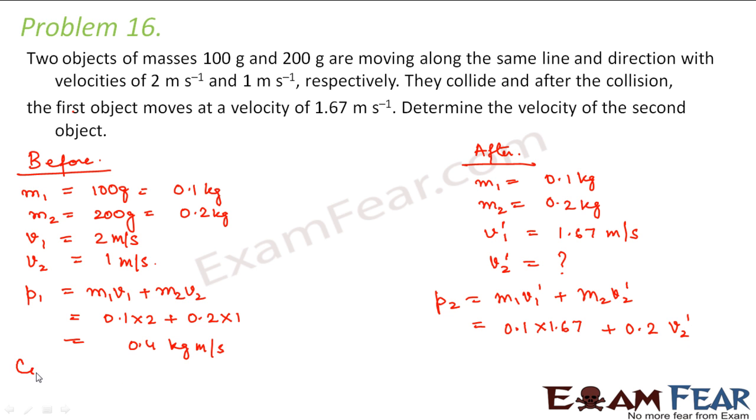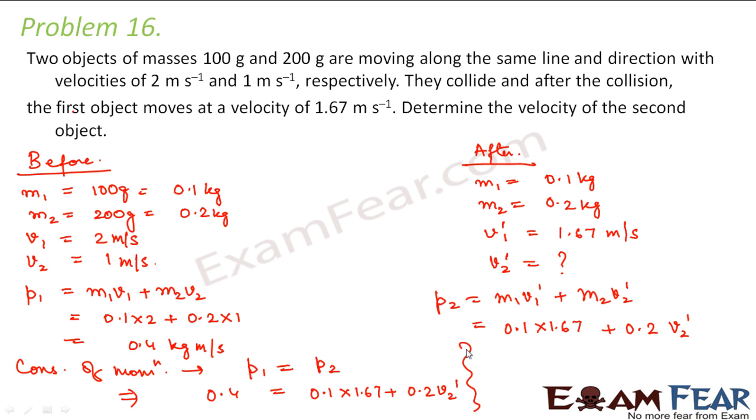Now from conservation of momentum, we know that the total momentum before collision should be equal to the total momentum after collision. So we can say 0.4 should be equal to 0.1 into 1.67 plus 0.2 v2 dash, right? So from this we can calculate v2 dash is equal to 0.4 minus 0.167 divided by 0.2.